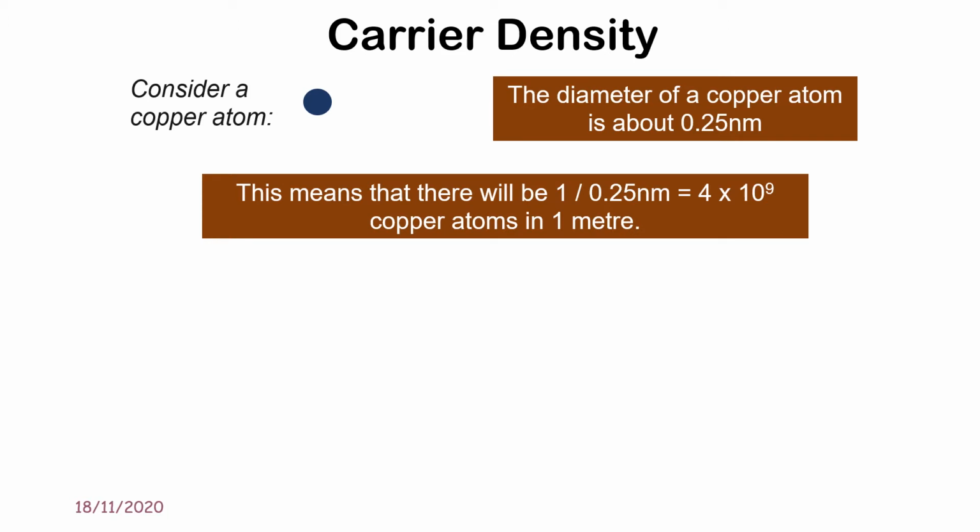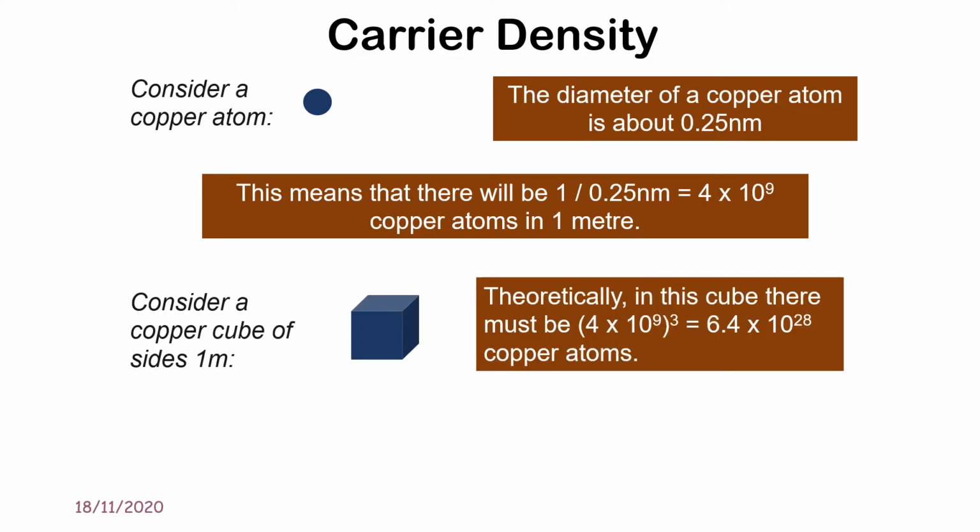If the diameter of a copper atom is about 0.25 nanometers, this means that there will be 1 divided by 0.25 nanometers, which equals 4 times 10 to the 9 copper atoms in 1 meter.